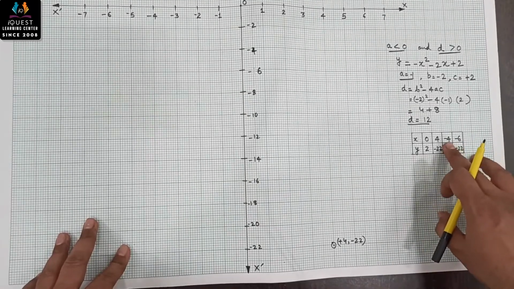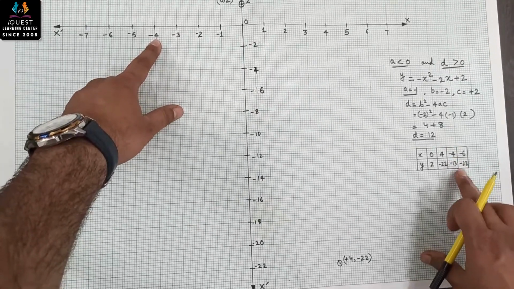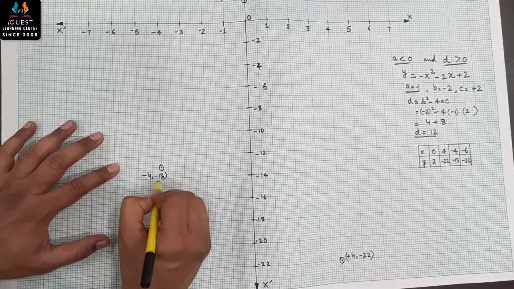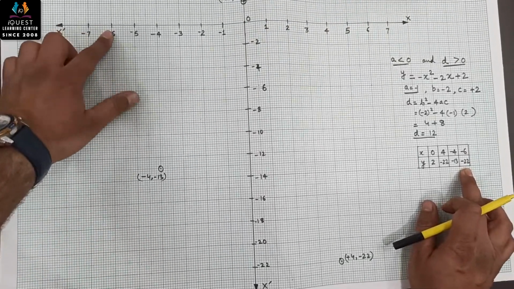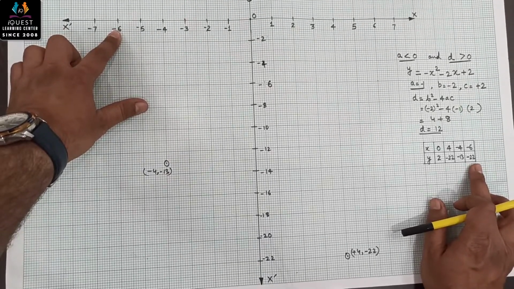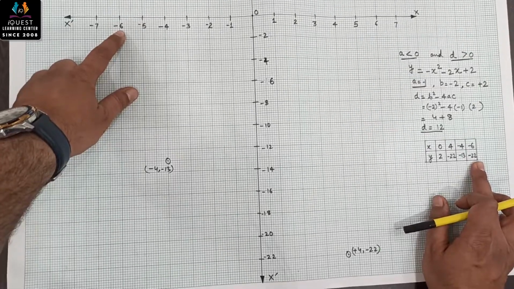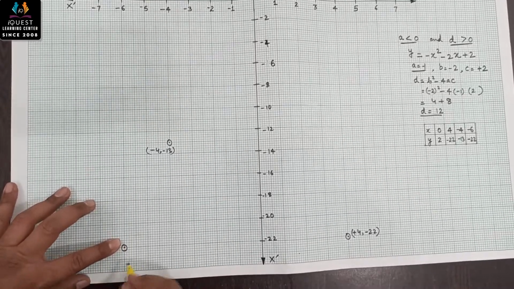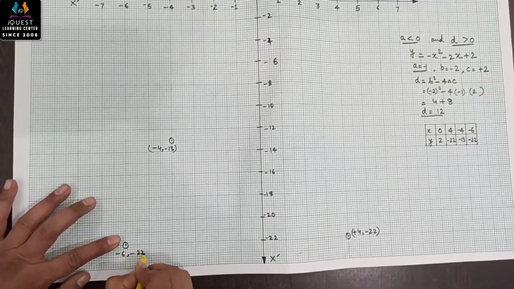Now let's draw -4 on the x-axis, and y is equal to -13: (-4, -13). Now the next value is -6 and -22. So on the x-axis it's -6 and on the y-axis it's -22, which is (-6, -22).